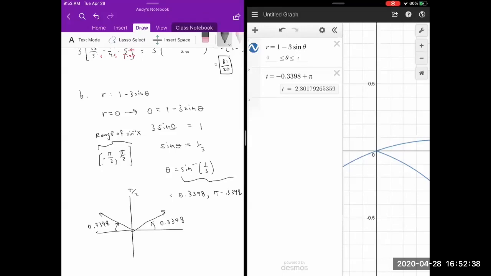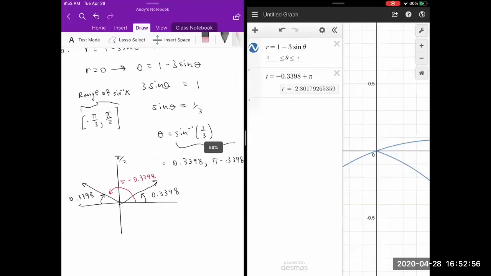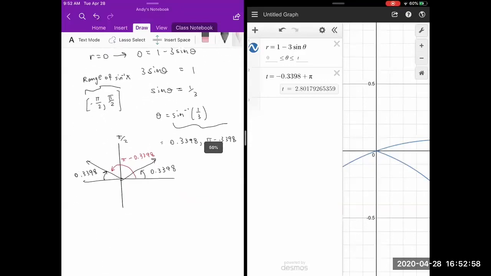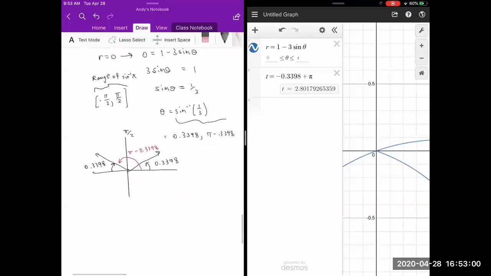But this full angle here has to be 180 degrees, which is pi, minus 0.3398. Again, that part's a little technical. In fact, what we can really do is just use those values in decimal for our limits.